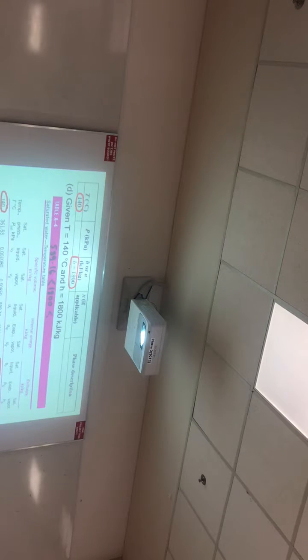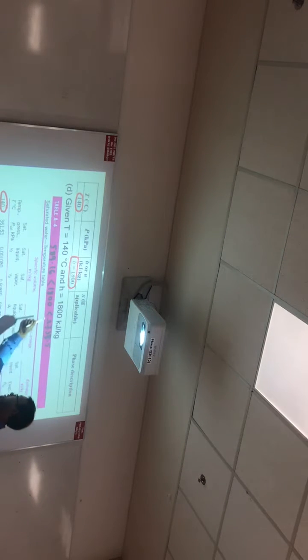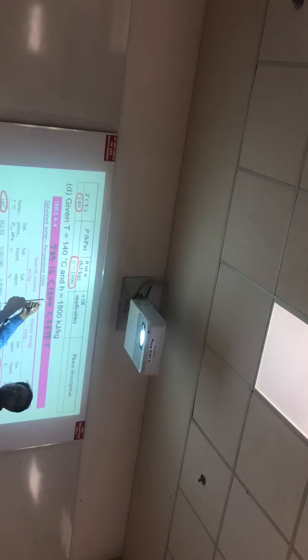And 1800 is smaller than HG, 2733.5, right? 33.5. So this is definitely liquid plus vapor mixture.